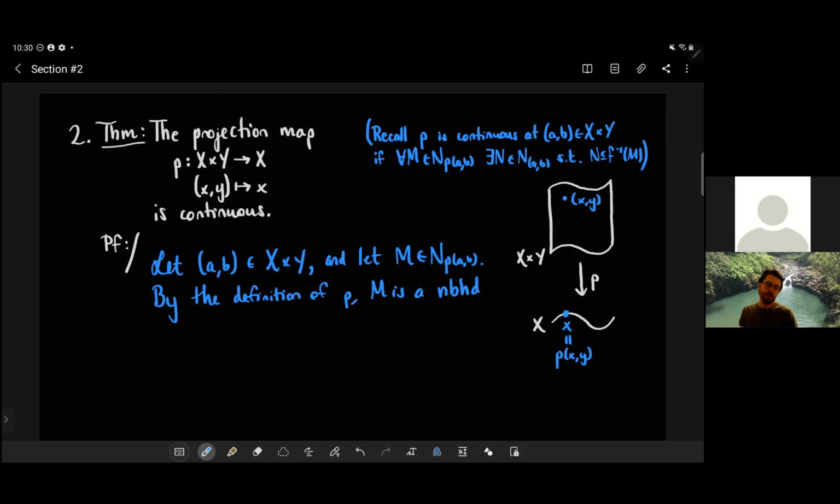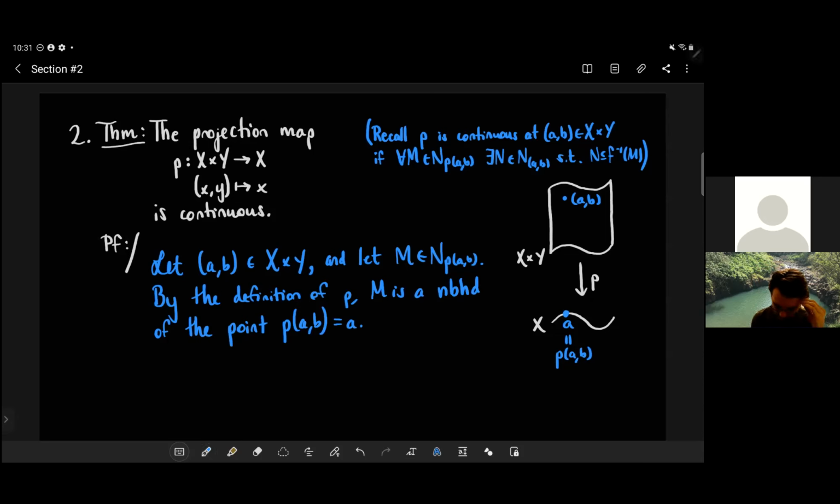A lot of times mathematicians get lazy and just write NBHD for neighborhood. Say a neighborhood of the point P(A,B), which is just A. Yeah, so my bad, I was using X, Y over here. I don't know why, but it should have been A's and B's. No big deal, hopefully. Hopefully you caught that and corrected it before I did.